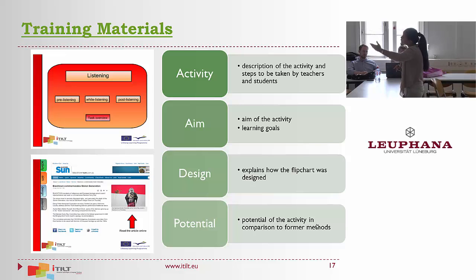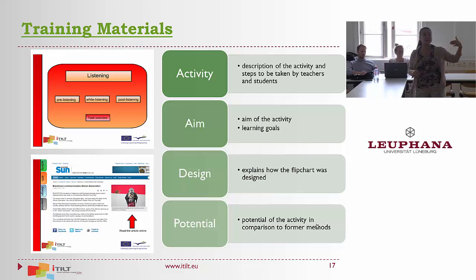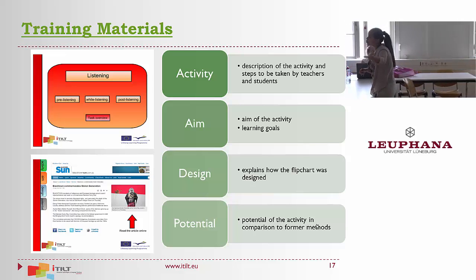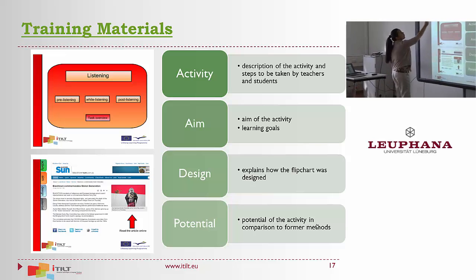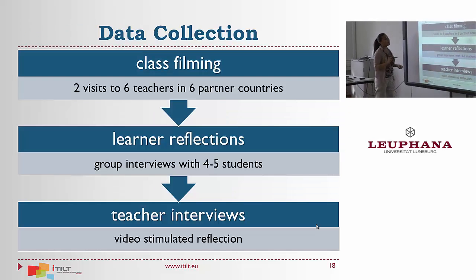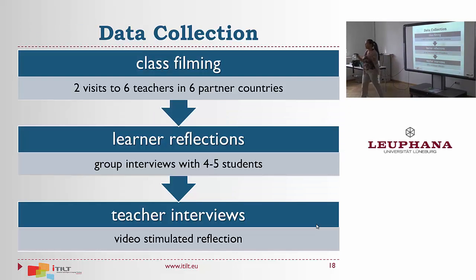So you can see examples of flip charts that teachers in Germany used during their lessons. So you can have some ideas of different materials that you can adapt to your own classroom. Okay? So this is what we did in the project.